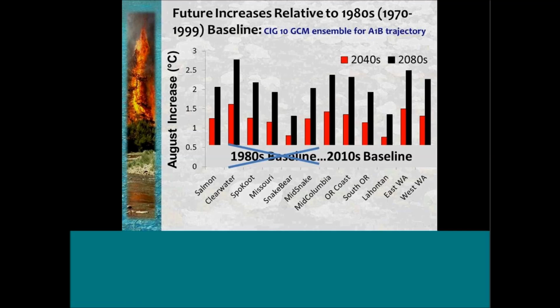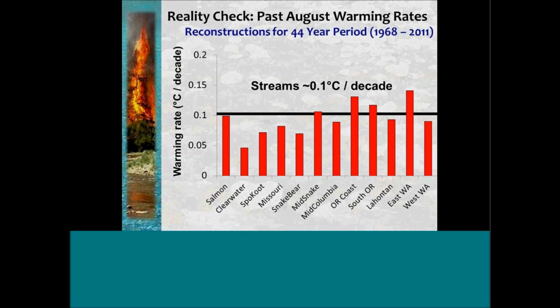You could maybe knock a little of the future temperature increase off because we've already experienced it. And the last thing is that those results show the average change across all streams within a river network, but because we're also accounting for differential sensitivity, some streams are warming 50% faster than other streams within those river networks, and those we think are probably the most accurate climate scenarios that we're producing for the future period at least.